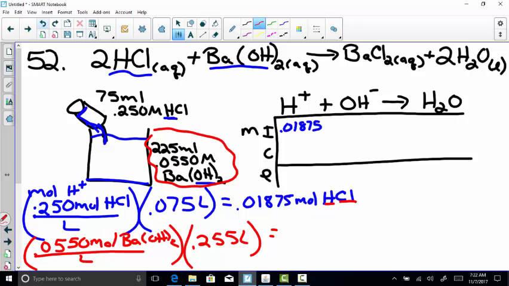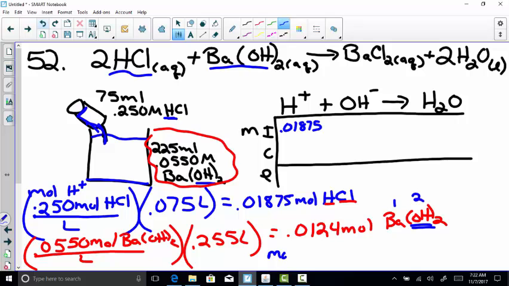Then that's going to give me 0.0124 moles of Ba(OH)2. Now, one of your issues, though, is the hydroxide ion concentration is a 1-to-2 mole ratio.